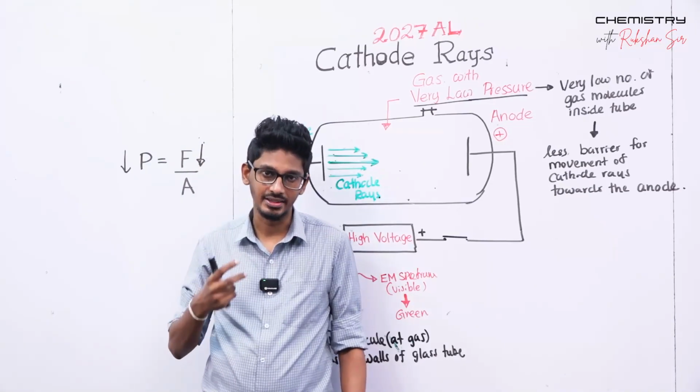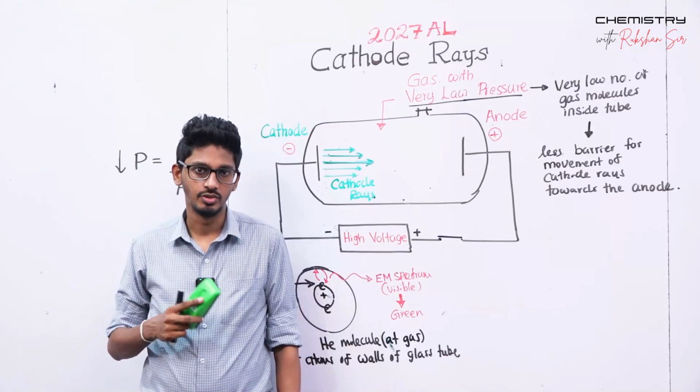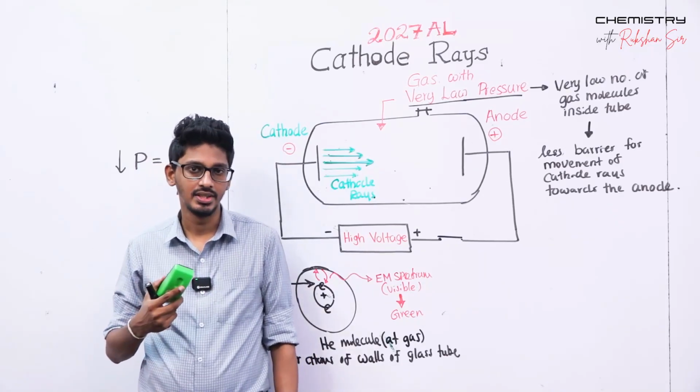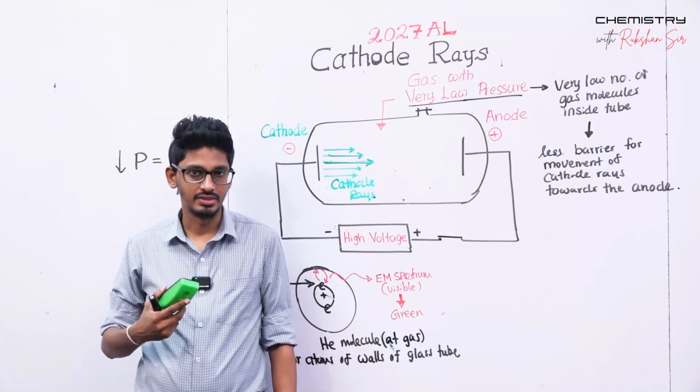So let's discuss the experimental observations that lead to those conclusions. First, the cathode rays travel in straight lines. So let's come up with the experimental setup to see that observation and examine the points there.